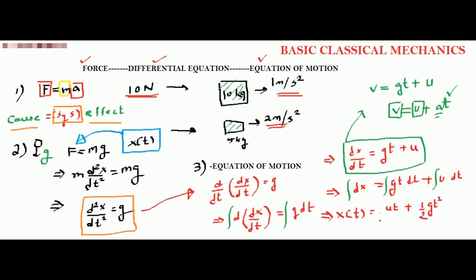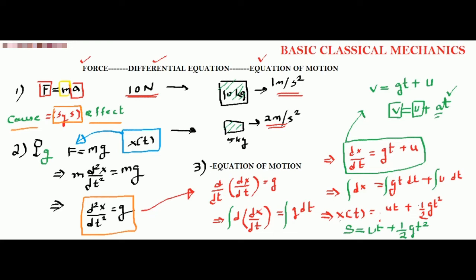This is the famous equation that I did in the last class. This is nothing but s equals ut plus half at square. Agreed? What is the acceleration here? Since the ball is falling down, the acceleration is g, so s equals ut plus half gt square.